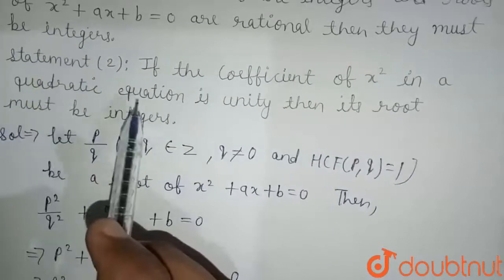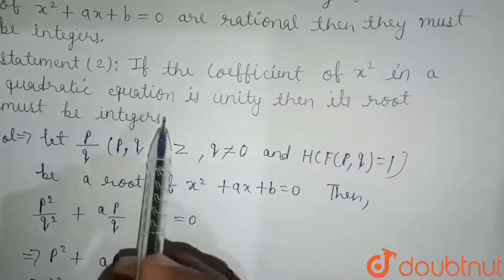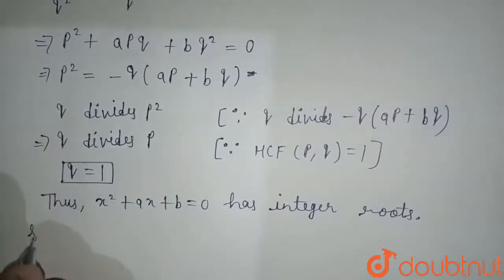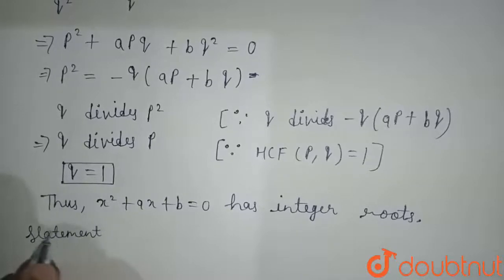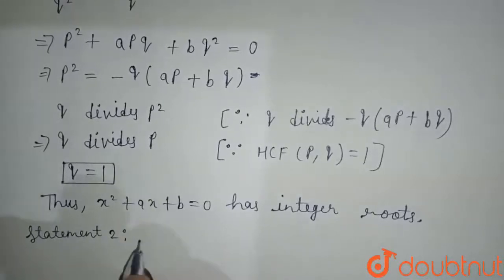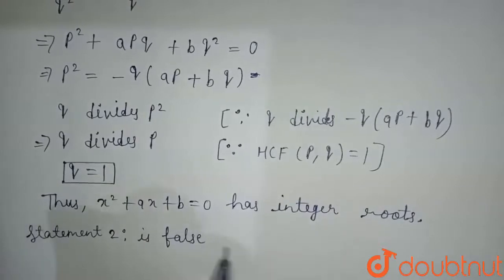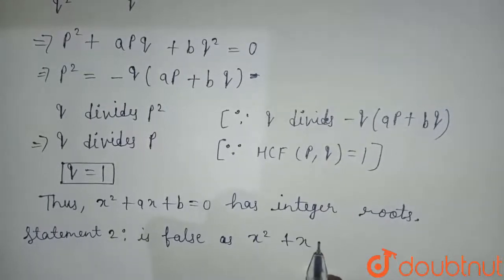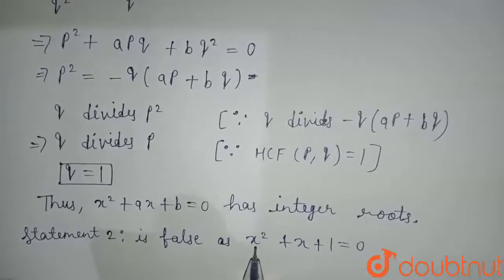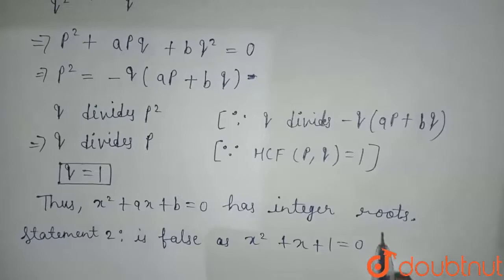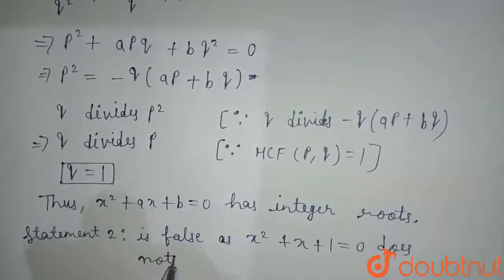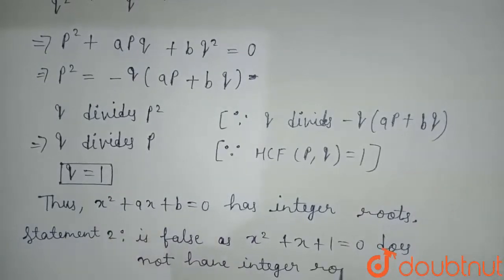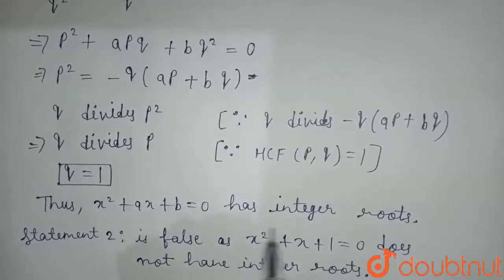They are saying that its roots must be integers, but we cannot say that the roots must be integers. So statement 2 is false, as x square plus x plus 1 equals 0, where the x square coefficient is also 1, that is unity, does not have integer roots. This function does not have integer roots, so statement 2 is false.